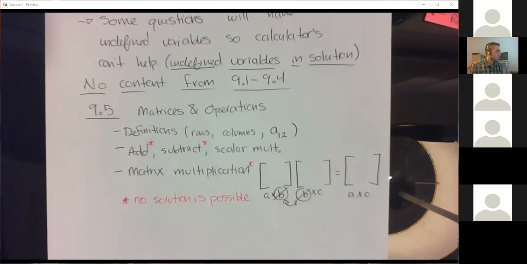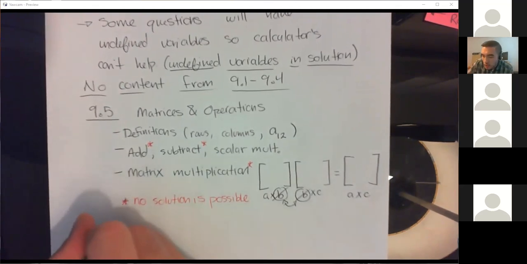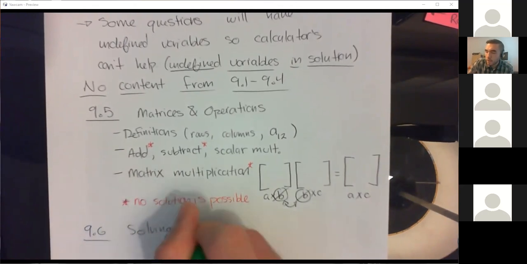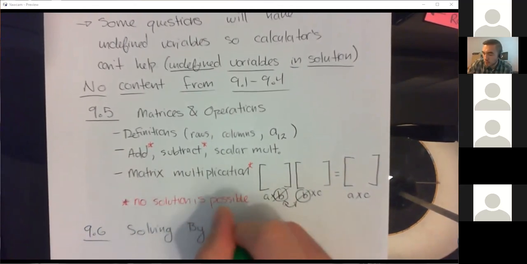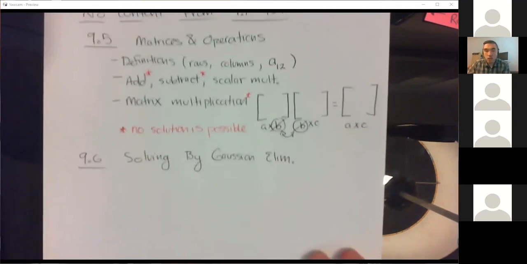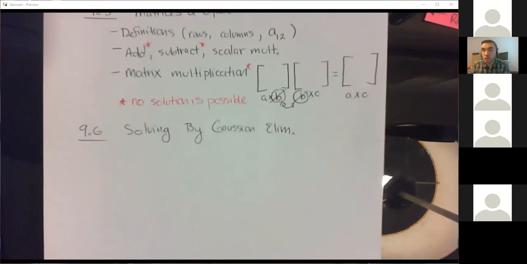Okay. From 9.6, this is where we get into solving by Gaussian elimination. And when it comes to solving by Gaussian elimination, there's really just two parts here.